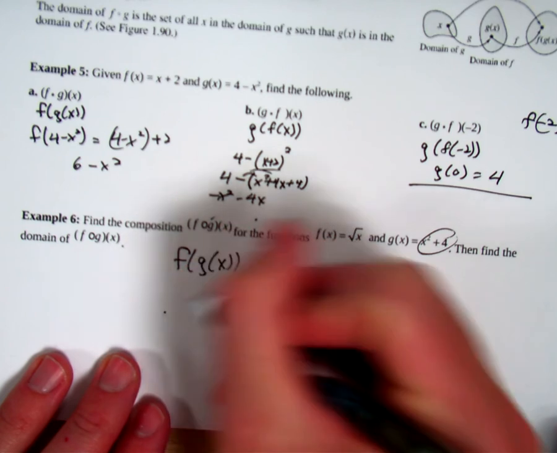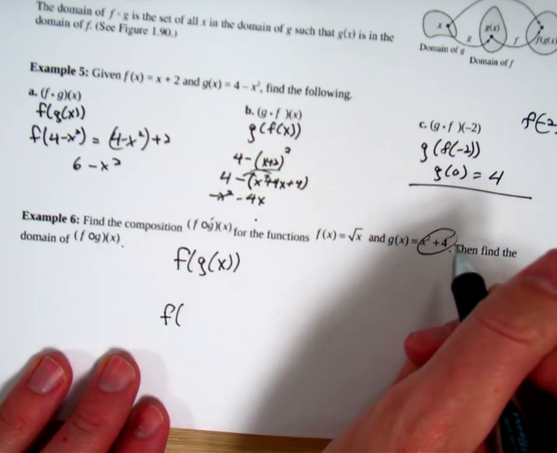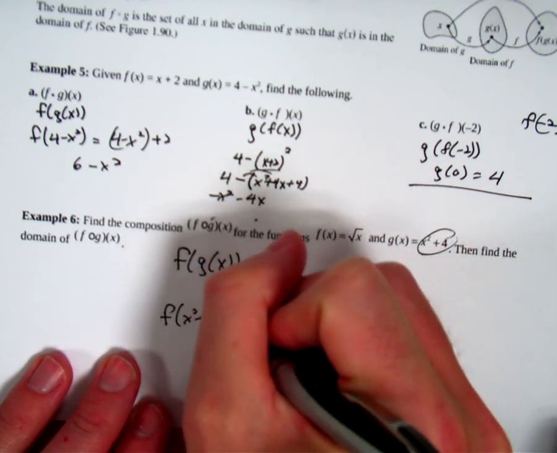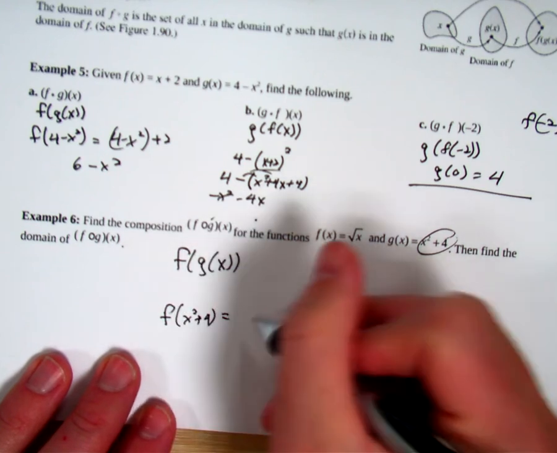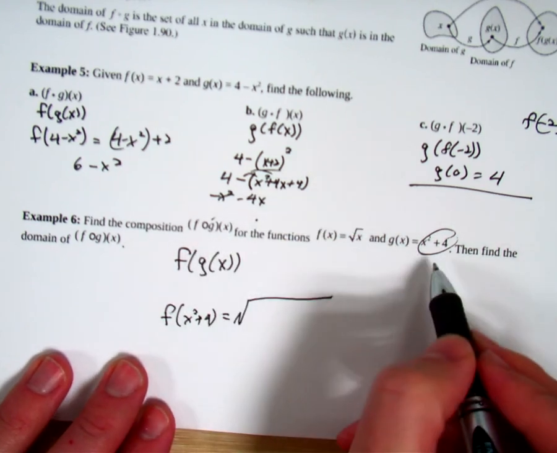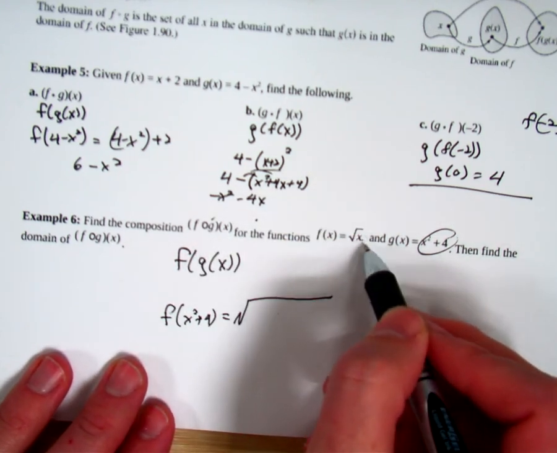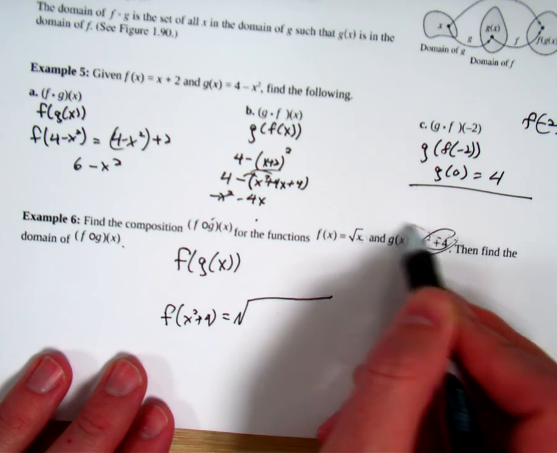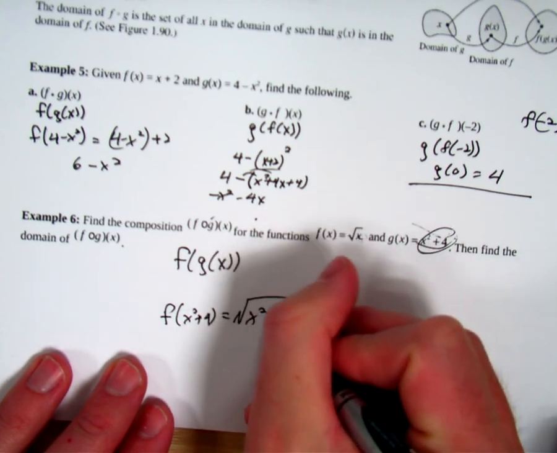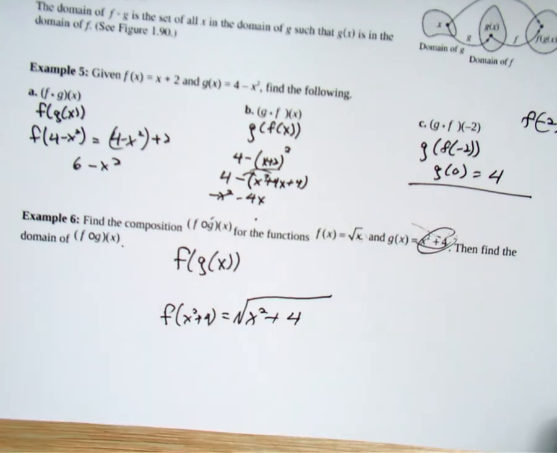So we got the square root of x squared plus 4, a giant square root, and it's really easy because there's only one x, there's nothing else in there. So all this just goes in place of that x. Don't try to do that square root there unless it's something that's a perfect square, completely obvious. Don't try to simplify it there.